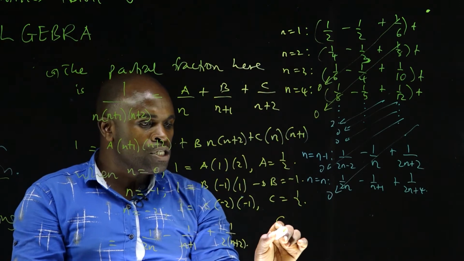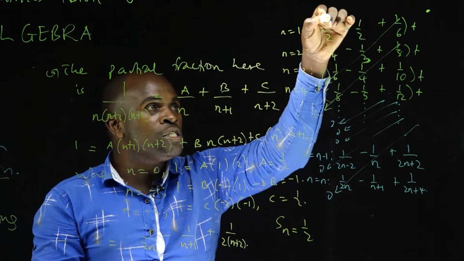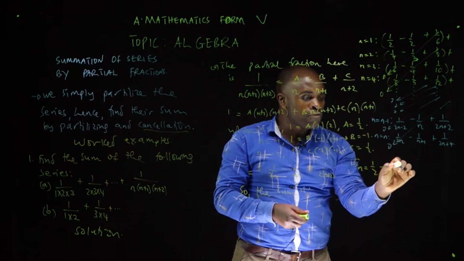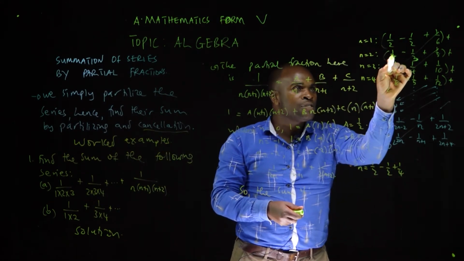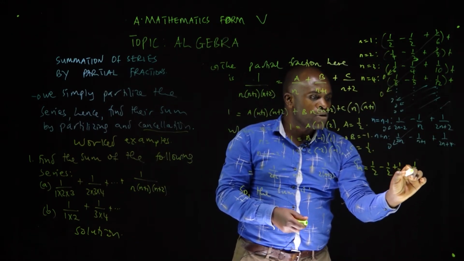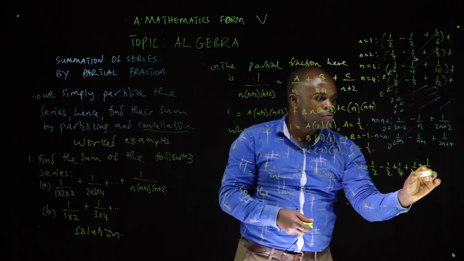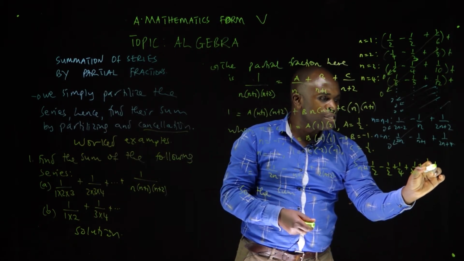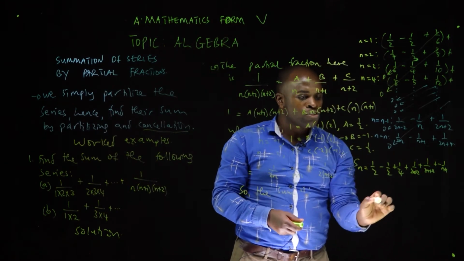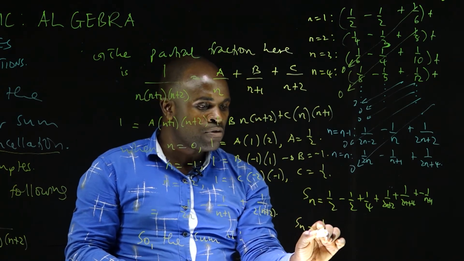So sum of n terms now becomes easy to say 1 over 2, which is this a half, minus 1 over 2, which is this one, plus 1 over 4, which is this number here, and taking these ones, plus 1 over 2n plus 2, plus 1 over 2n plus 4, this now becomes minus negative 1 over this one. So summing these ones cancels here. We have sum of n becoming 1 over 4.